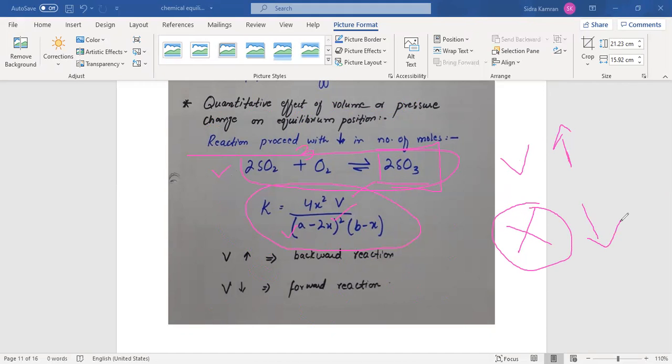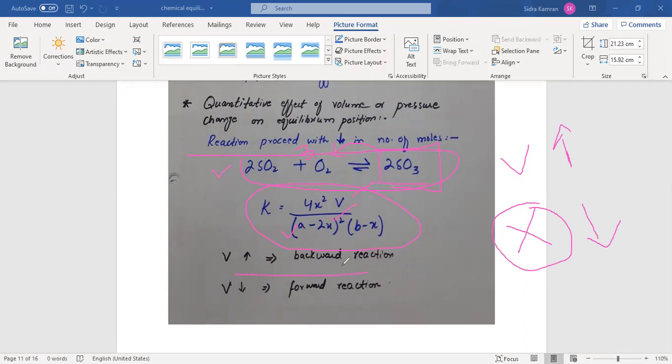In this condition, what will happen? It means the reaction will move in the backward direction, because if the volume is increased, it shows that pressure is decreased. If the pressure is decreased, then the reaction will move towards the backward side.